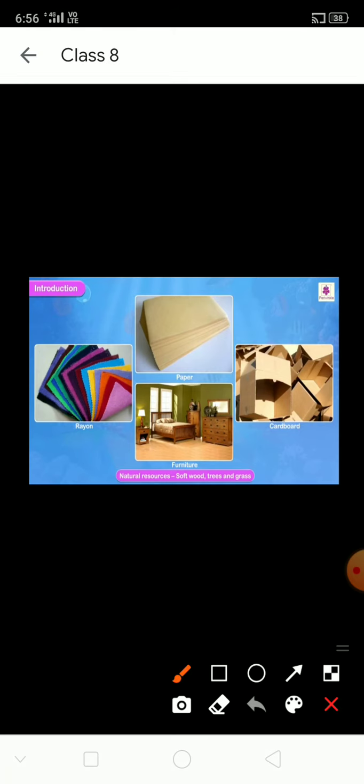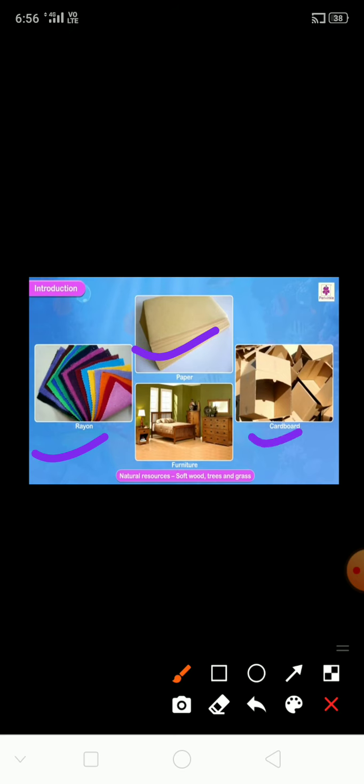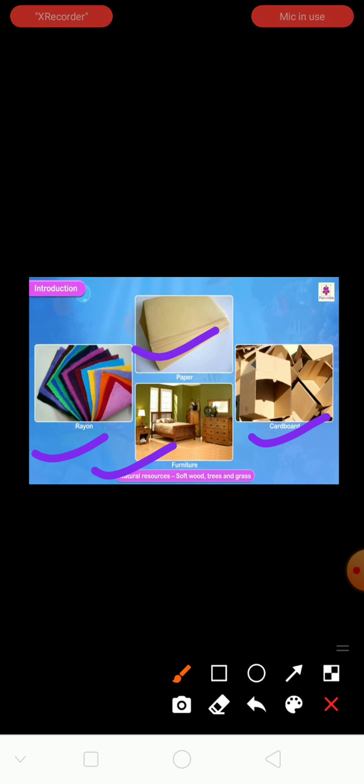When man uses all these resources, meaning softwood, trees and grass, afterwards he makes some things: rayon, paper, cardboard and furniture, etc. But these raw materials are softwood, trees and grass. Afterwards man uses those raw materials and makes these things.